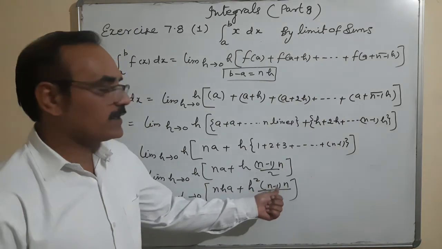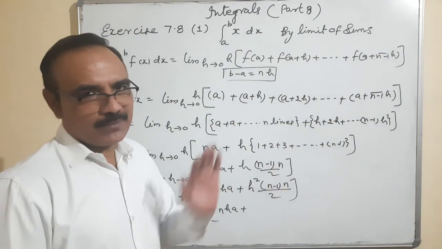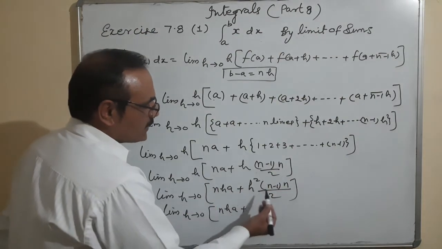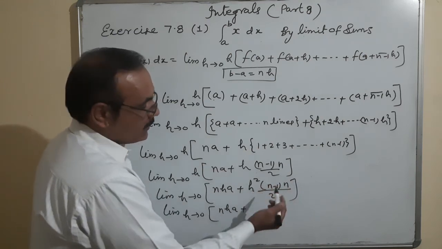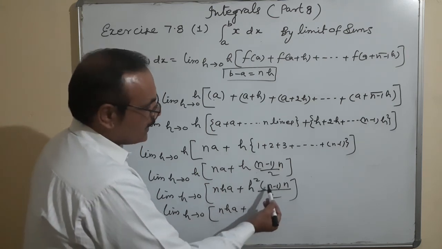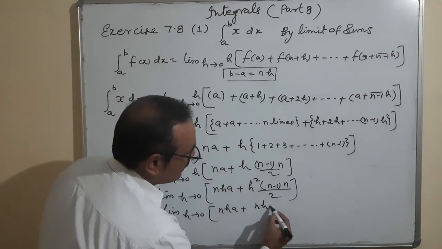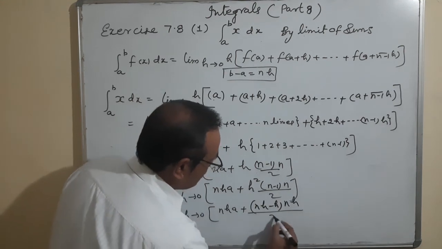There are two h and there are two factors. One h is multiplied by one factor, the second h is multiplied with the second. Here we are not taking common. These are two different factors, and for different factors, two h are required. One h multiplied by n minus 1, so nh minus h, and second nh upon 2.